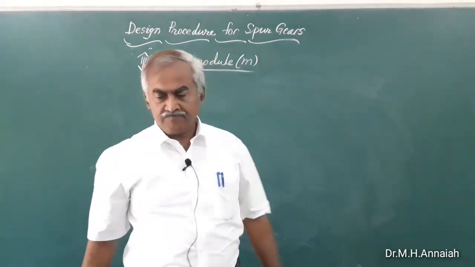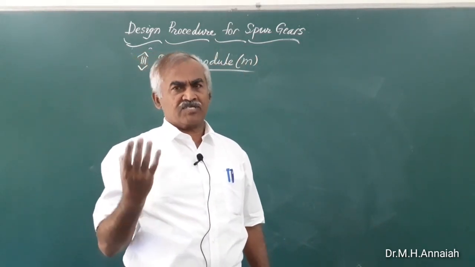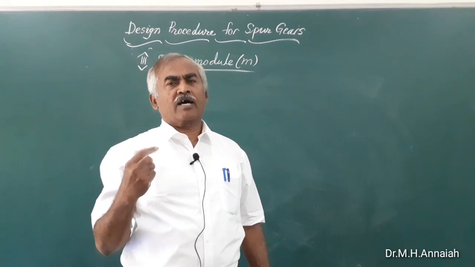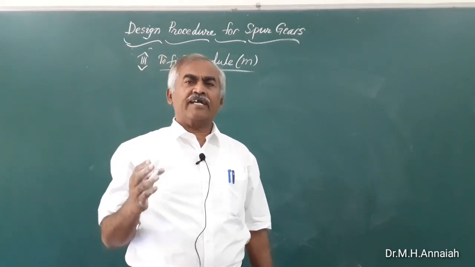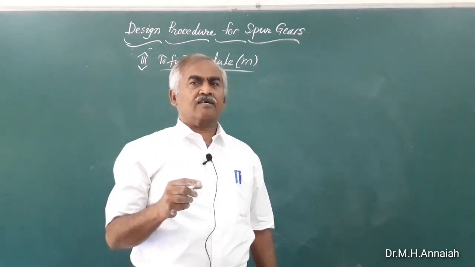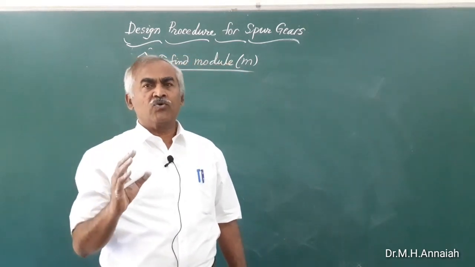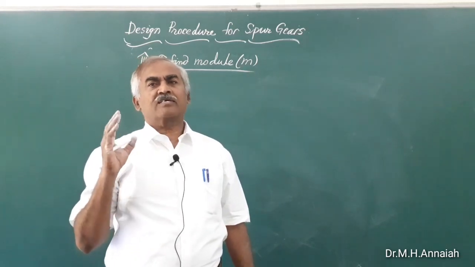Friends, till now we have learnt how to select the material in the first step. Second step, I taught you how to decide which is the weaker member of the gear pair. And in the third step, we have learnt how to obtain the module of the gears.